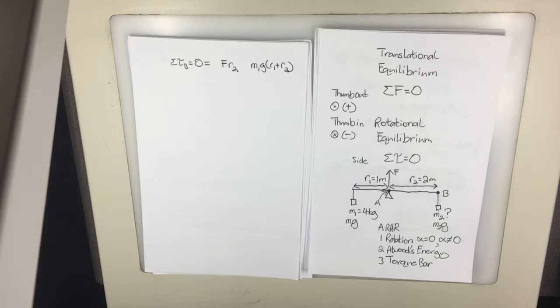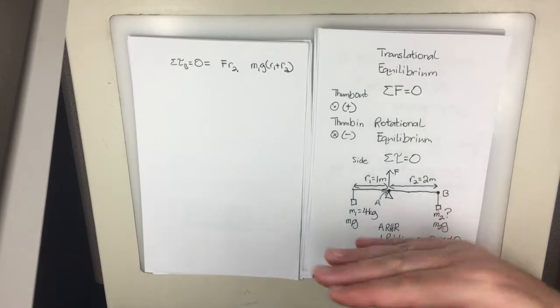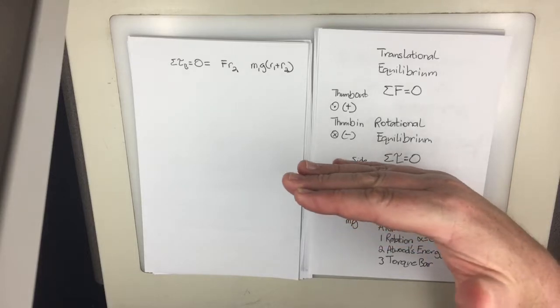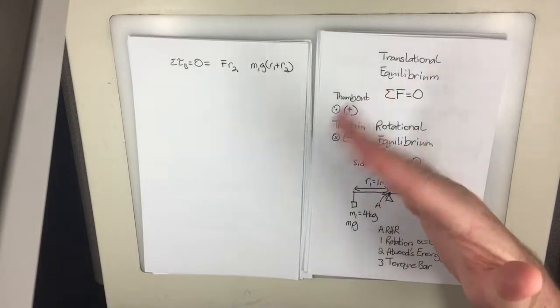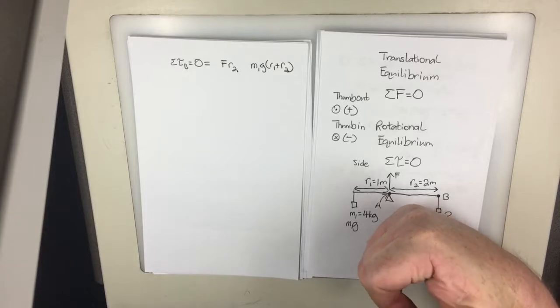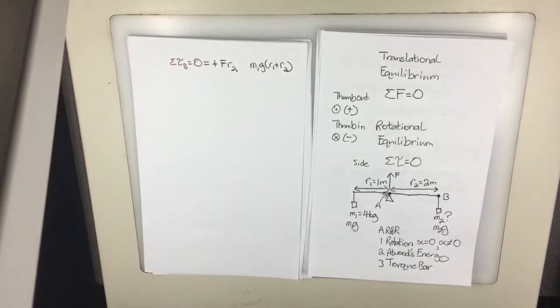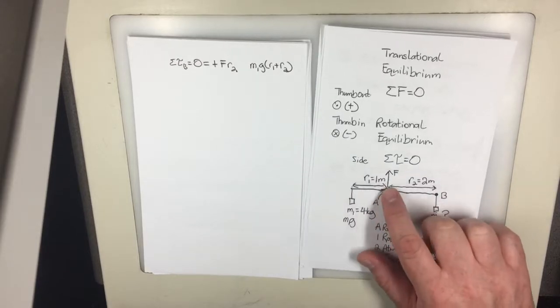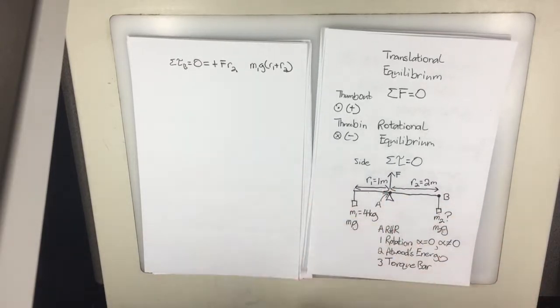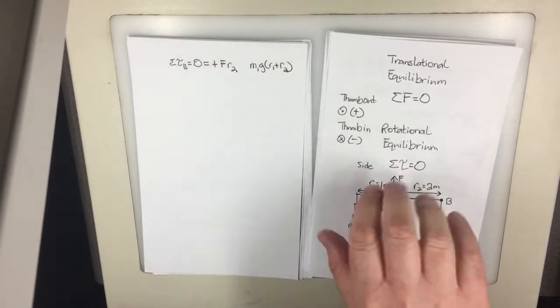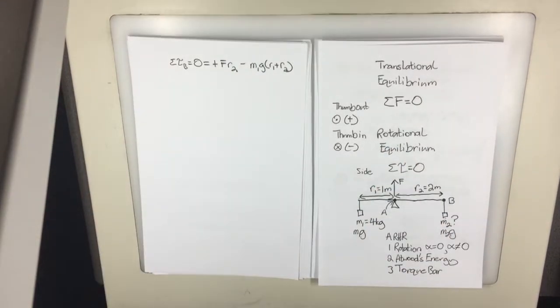Let's plug in our signs. In both cases, the forces are to the left of the fulcrum. For that one, the force is down, thumb points out of the page, or positive. The force over here is to the left, but it is up the page, so the thumb goes in, or negative. I'll do it again up at the drawing.